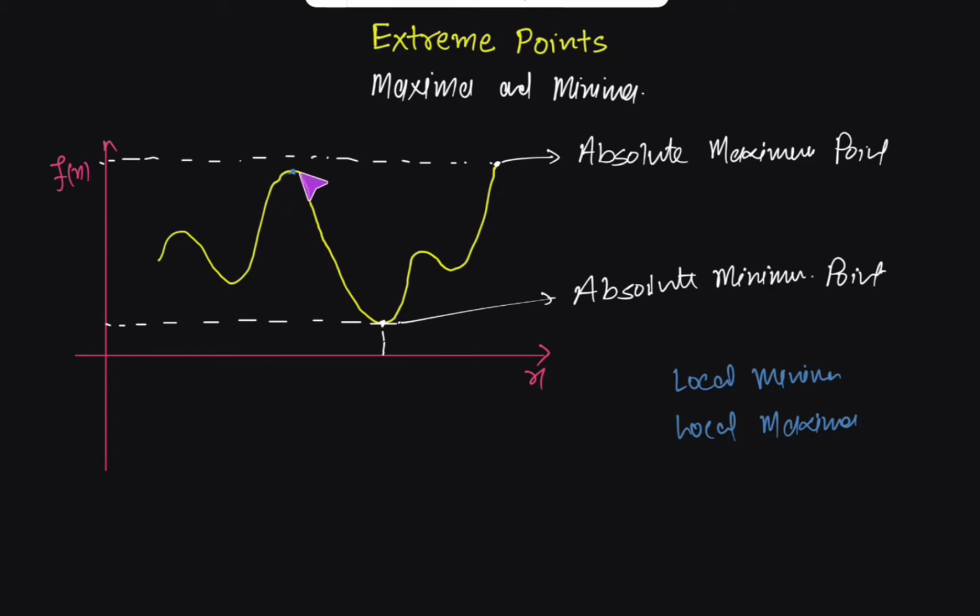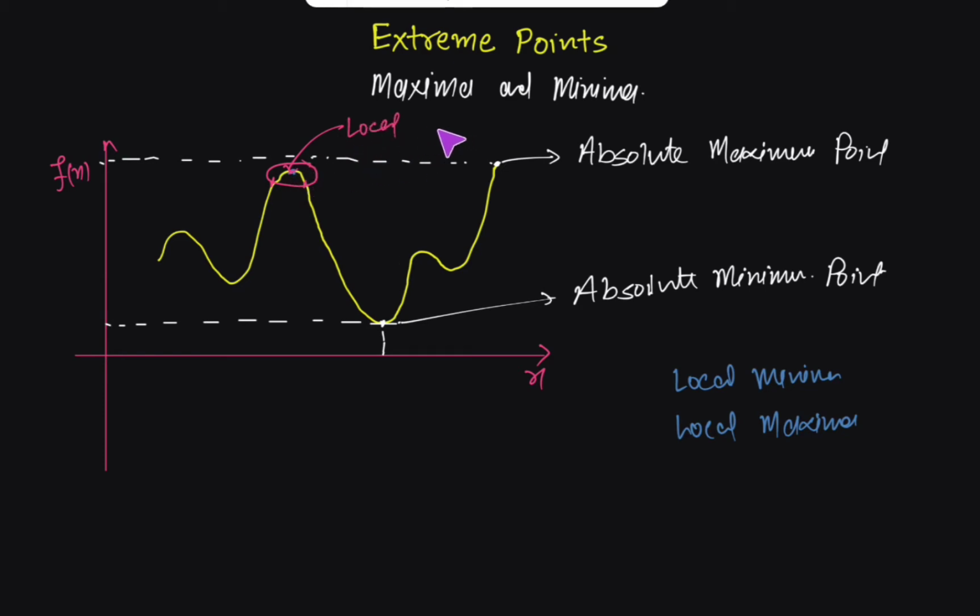So this point is not having the absolute maximum value, but locally it is. Suppose instead of taking the whole domain, let's take a small tiny domain. In this range from here to here, we can see that this point has a certain maximum value. So this point, or other points similar to this, we have named the local maxima point, because this is locally maximum.